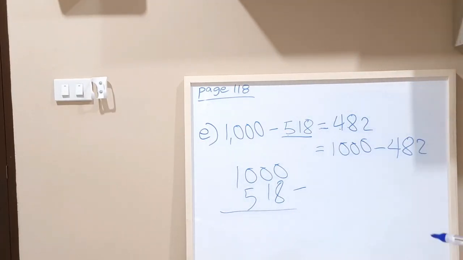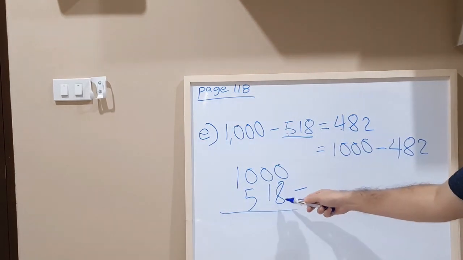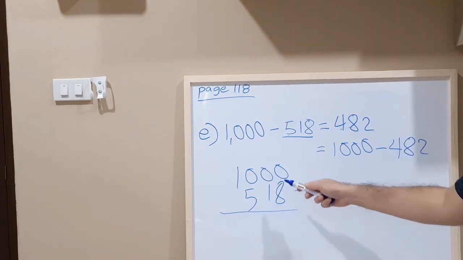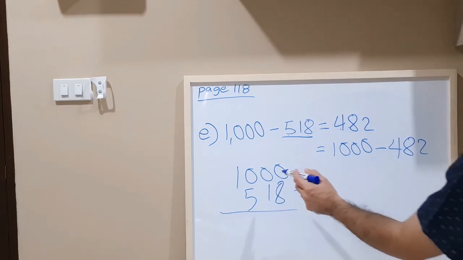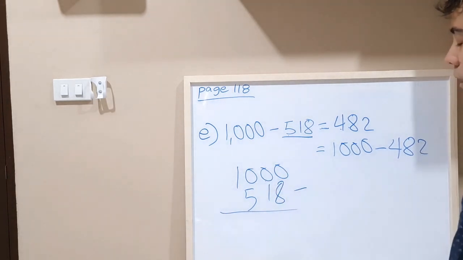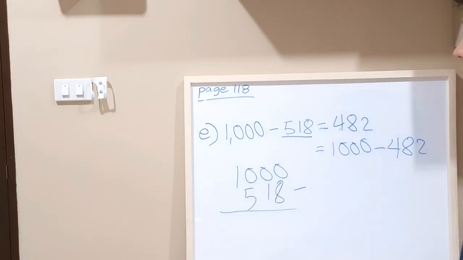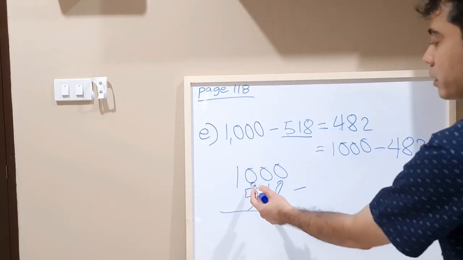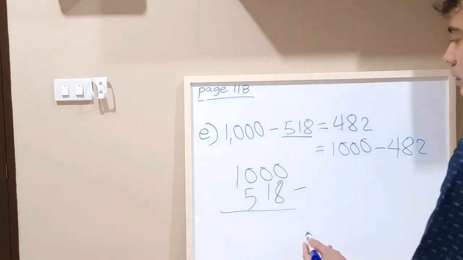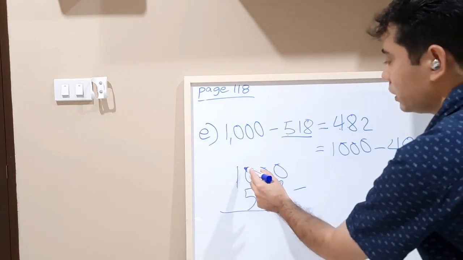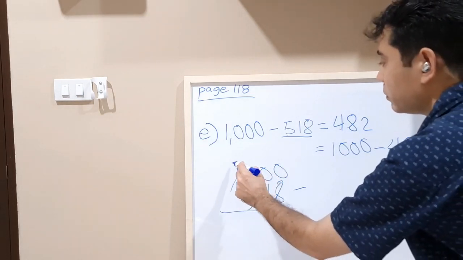Let's see. 0 minus 8 cannot be, so we borrow again from the neighbor. But the neighbor is still 0, so the neighbor will borrow from another neighbor. Still 0. So the neighbor will borrow again from another neighbor. So this one will become 0.